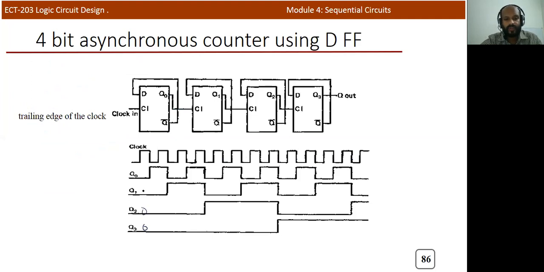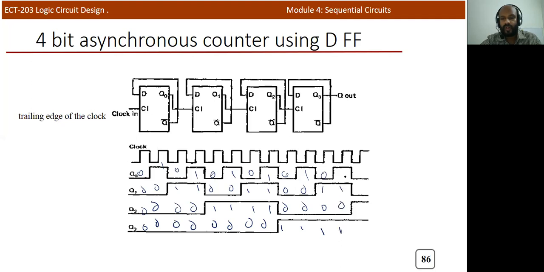So you can see the sequence 0, 0, 0, 0, then 0, 0, 0, 1, 0, 0, 1, 0, 0, 0, 1, 1, 0, 1, 0, 0, 0, 1, 0, 1, 0, 1, 1, 0, 0, 1, 1, 1, and 1, 0, 0, 0, 1, 0, 0, 1, 1, 0, 1, 0, now 1, 0, 1, 1, and next 1, 1, 0, 0.